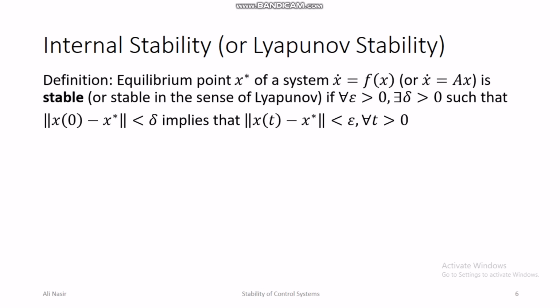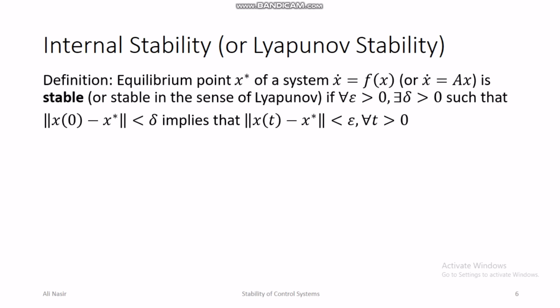So basically what the definition of stability is requiring is that, you have to keep in mind that a state is a function of time. The system is represented as x dot equals A x.